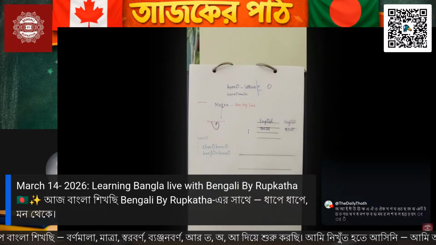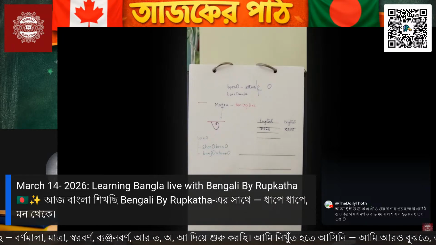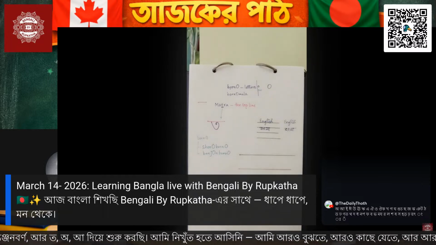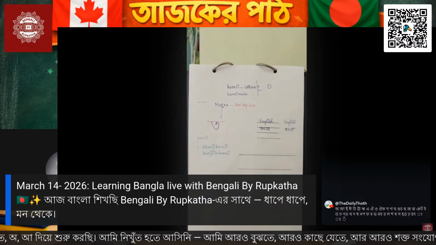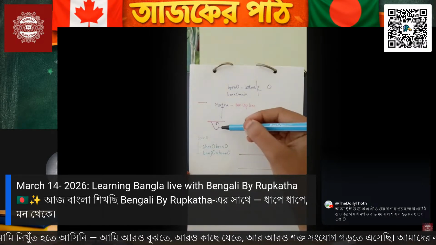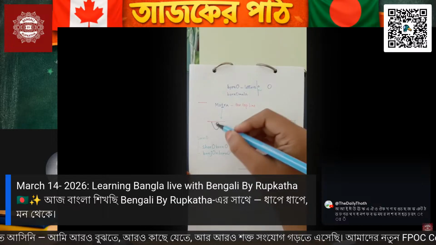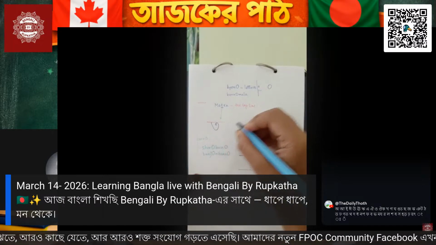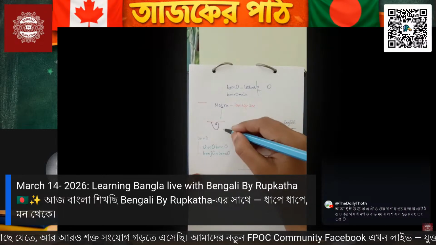So your tongue is totally touching the teeth, ta. Also a little bit of your lower teeth as well, not just the upper. But the main point is the tongue has to touch the teeth. That's when the sound comes out, ta. And this is how we write ta. And we read it as ta. This is a Banjon Borno.